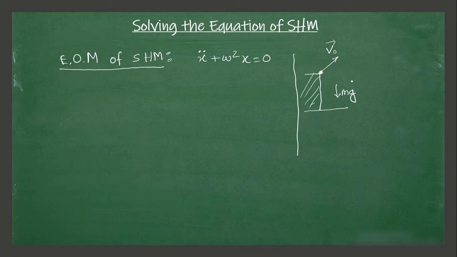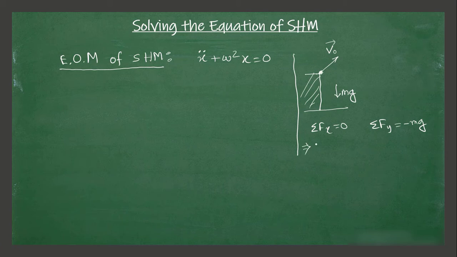And there is no other force acting here, so the force in the x direction is equal to 0. So we can write the summation of F in the x direction is equal to 0, and the summation of F in the y direction is equal to minus mg, where minus means that it is acting in the downward direction, okay?